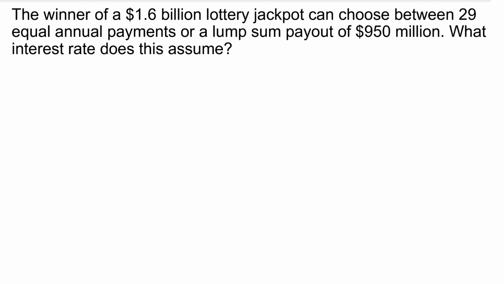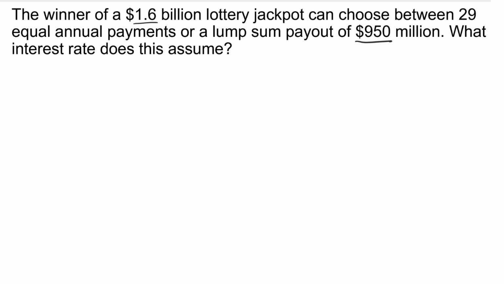And the amount of money they have is $950 million. So either you can just take the amount of money they have, the $950 million, or you can let them keep it and invest it, and they will pay you that amount plus interest over 29 years, which ends up giving you all $1.6 billion.